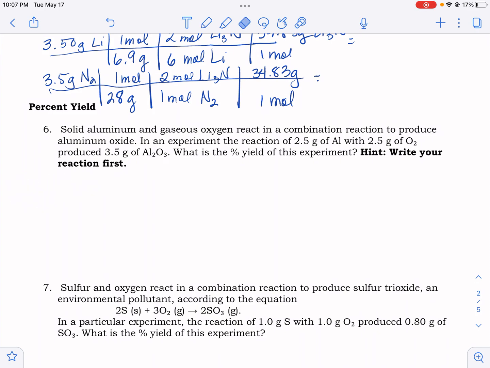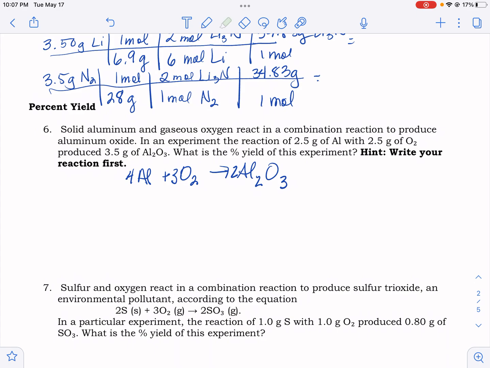So, first we need to write our equation. We're going to react aluminum and oxygen. Aluminum plus oxygen gives us aluminum oxide. And we balance that like this. We've already balanced this one.